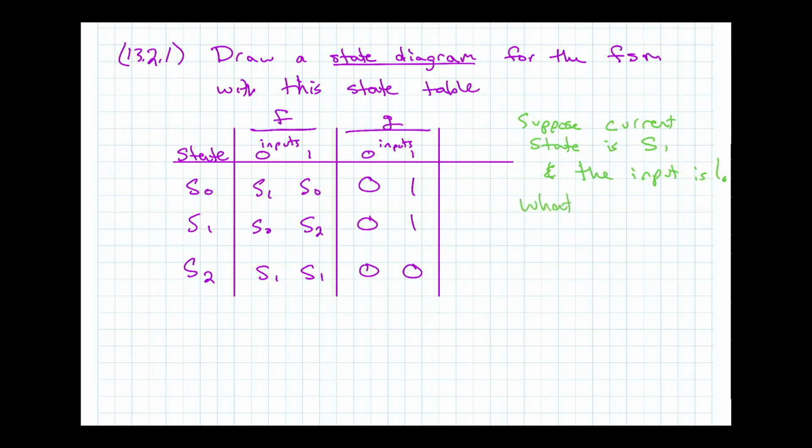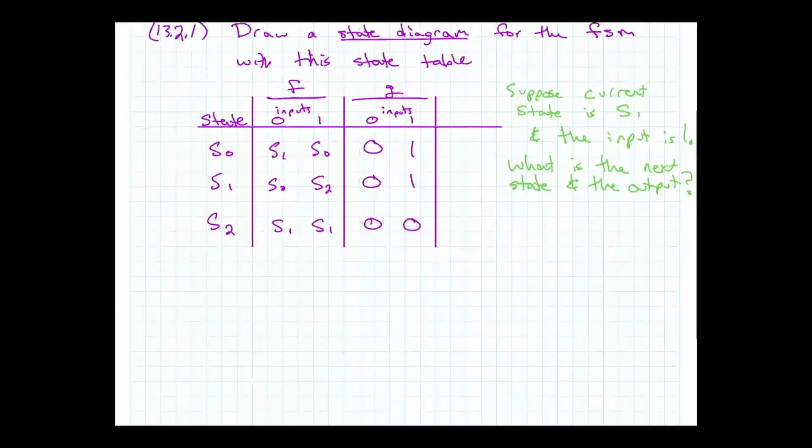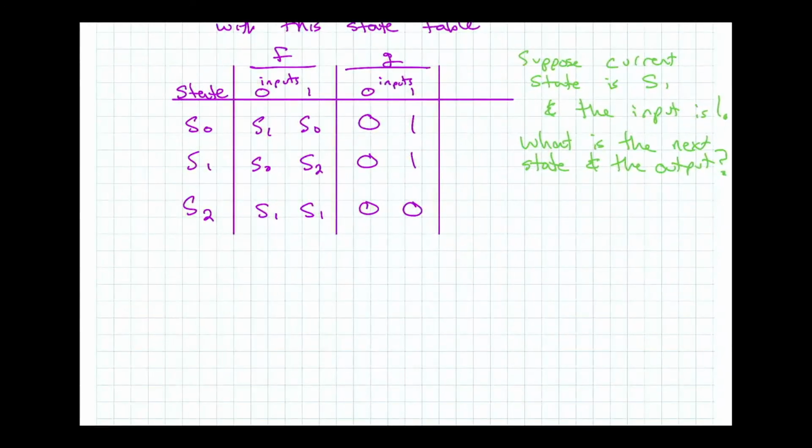What is the next state and the output? Again, this is not what we're actually being asked to do here. This is just to make sure we understand what the state table is.